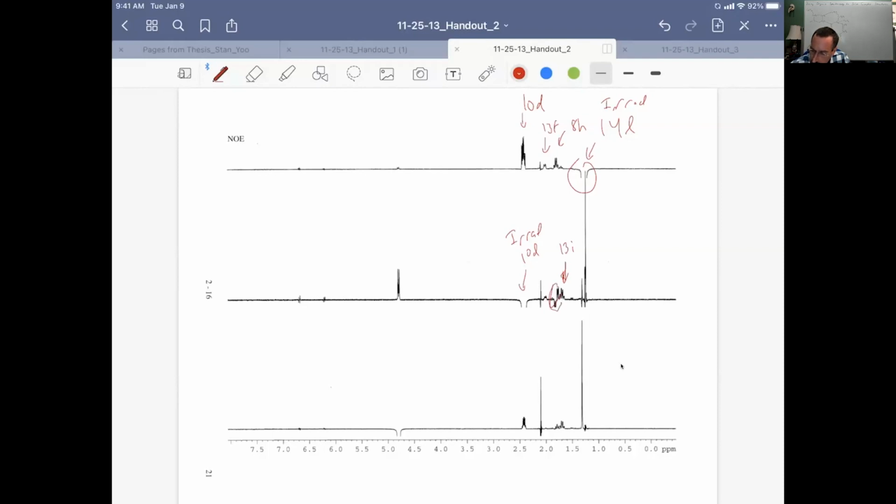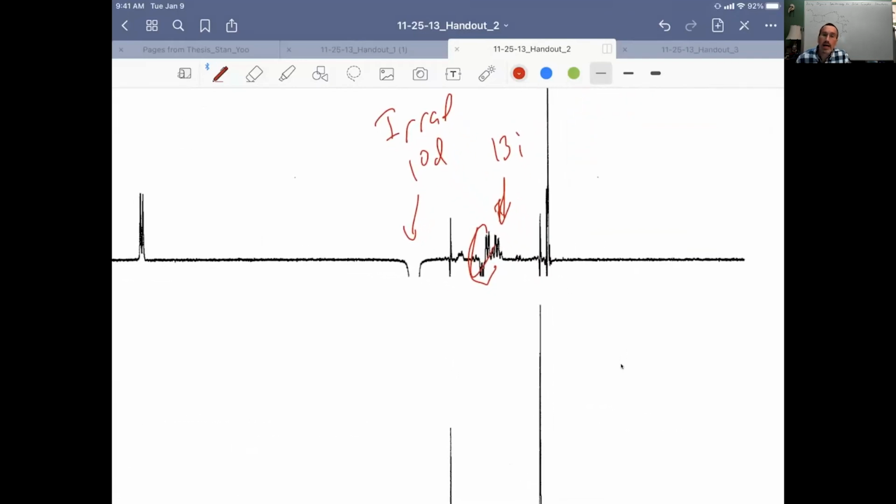And you'll notice we have up, down. I didn't slap an integral on this one. This is 8H over here. And this is pretty typical of what you'll see when you have J coupling. So there may be a little bit of an NOE to it, but primarily the fact that we have some going down and some going up is a product of there being J coupling.